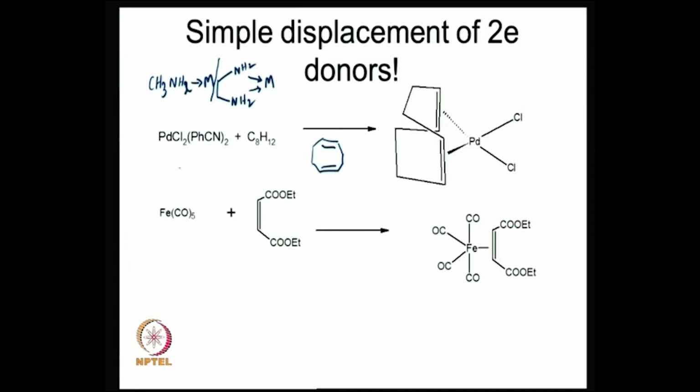So, here you have a weakly coordinating benzonitrile, PhCN, that leaves the coordination sphere of palladium, and the cyclooctadiene is a chelating ligand. It is an olefin complex, but it is a chelating ligand, and it can now conveniently form a metal olefin complex.